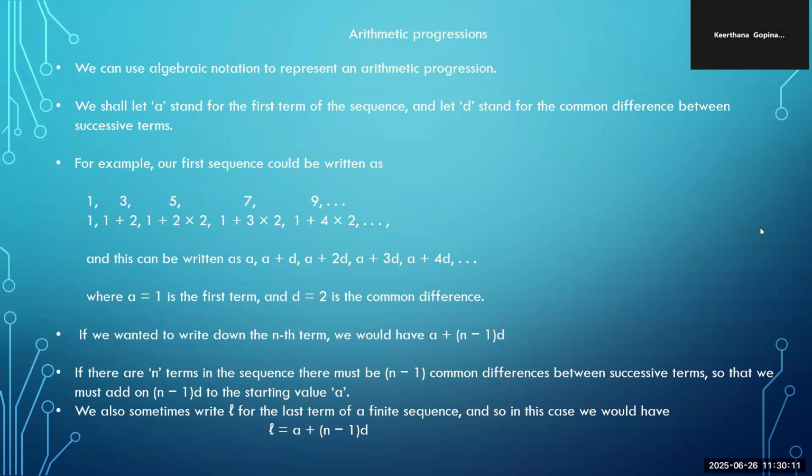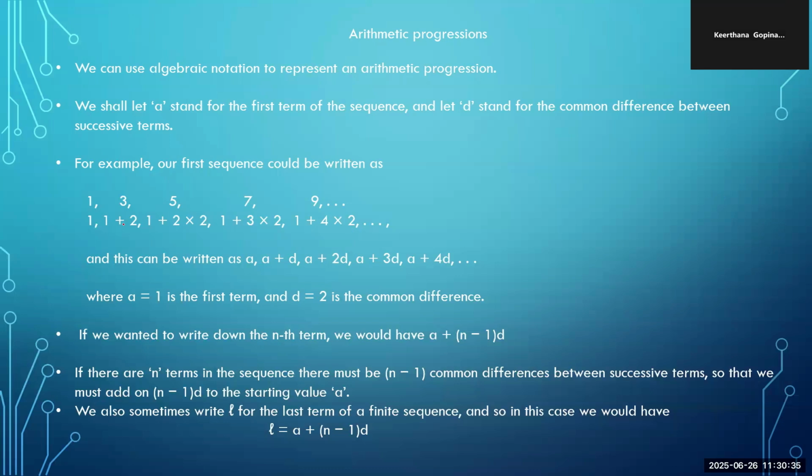Let A be the first term of the sequence. Let D be the common difference, which is the constant difference that we saw. The first term is A. The constant difference is D.